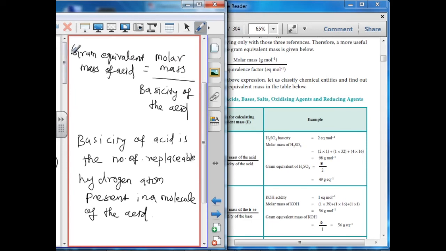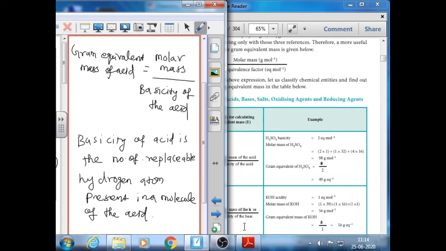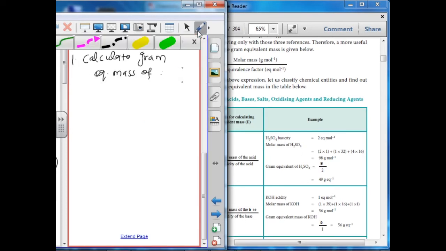So, gram equivalent mass of acid equal to molar mass divided by basicity of acid. What is basicity? Basicity means number of replaceable hydrogen from the acid. One example, calculate the gram equivalent mass of sulfuric acid.